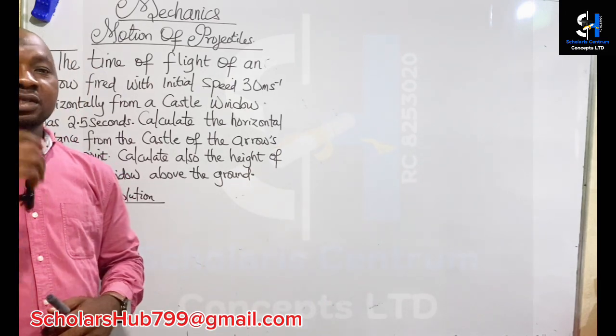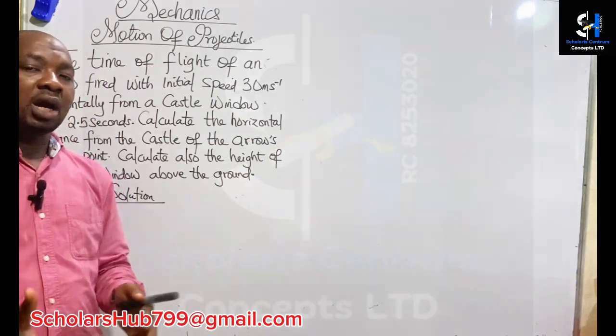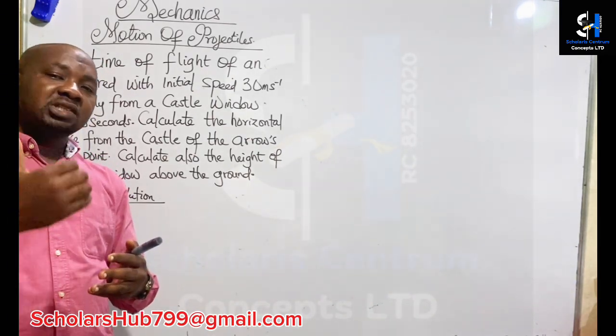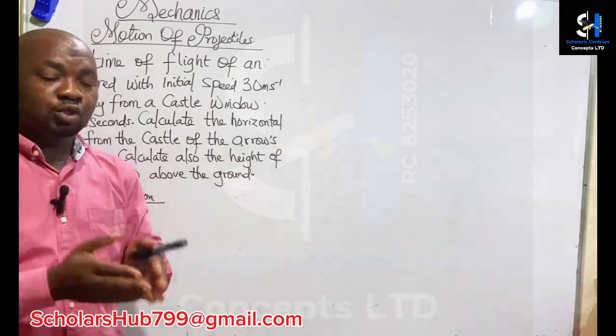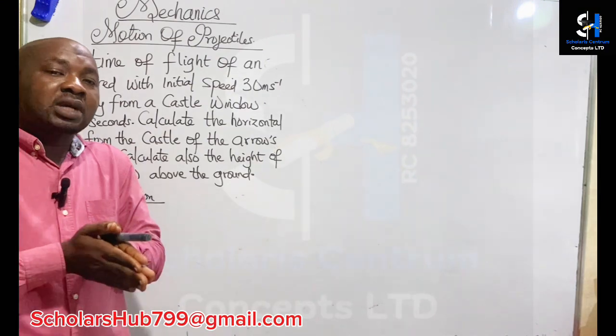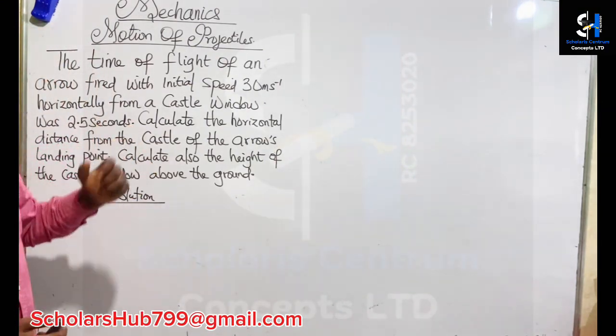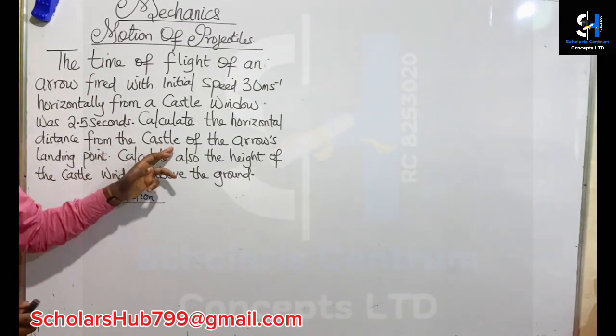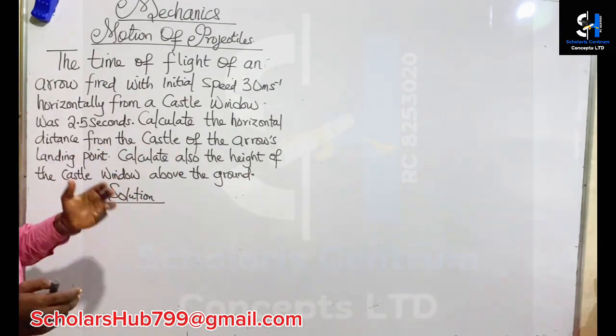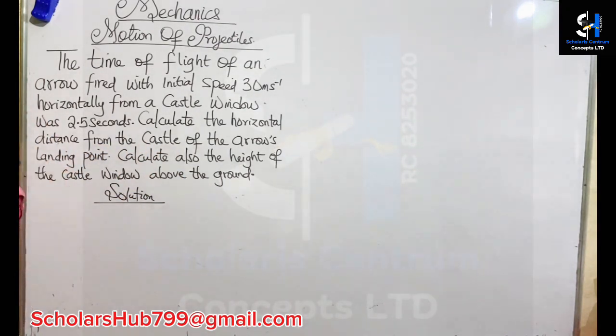Then the only force acting on the arrow will be a vertically downward force, which we know to be the force of gravity, which develops a downward acceleration on the arrow. Don't forget that we want to calculate the horizontal distance from the castle to the arrow's landing point, and also the height of the castle window above the ground.